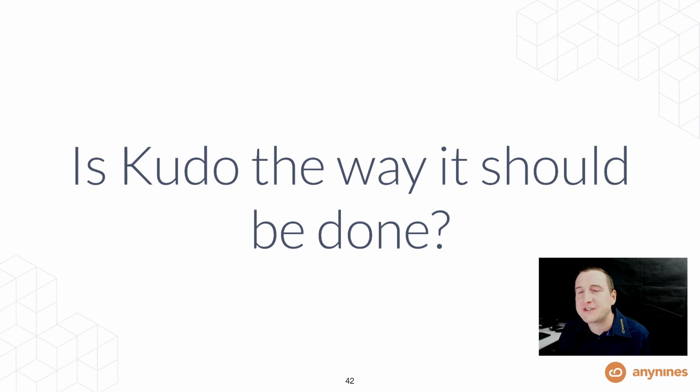Another question is whether that is the way it should be done. Because in data service automation, you also have different layers of abstraction where you need to take action. So it's not only about changing the stateful set alone in its specification.